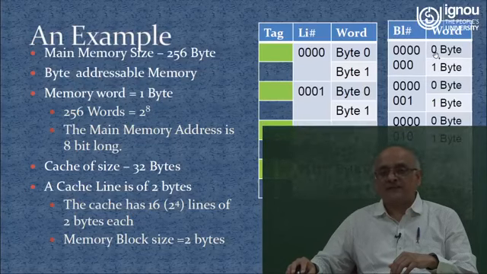So this is 7 plus 1, 8. The address of this particular byte is 7 zeros followed by 0. This one is going to be 7 zeros followed by 1. For this, it is 0, 0, 0, 0, 0, 0, 1 followed by 0.